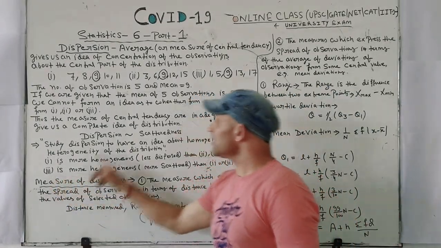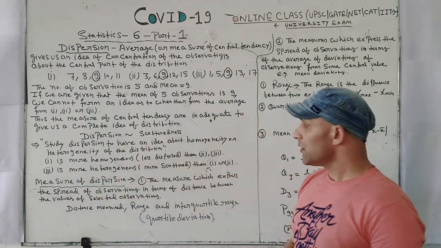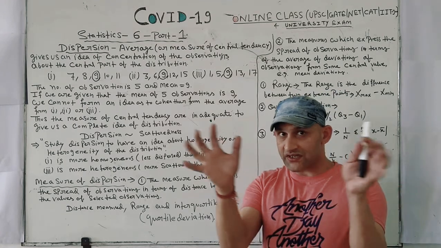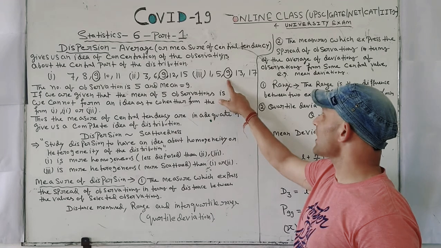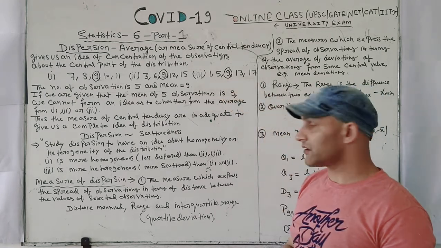So the third one is more heterogeneous. More heterogeneous means more scattered, means your data is scattered. Compared with the first and second, you can see 9, then 13, then 17, so it is more scattered.